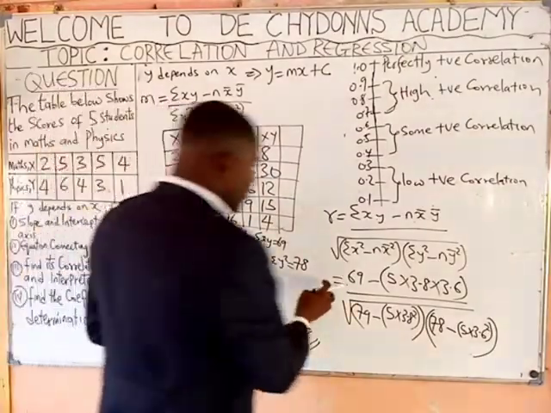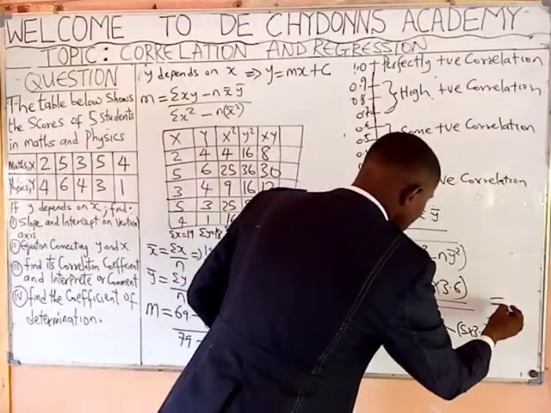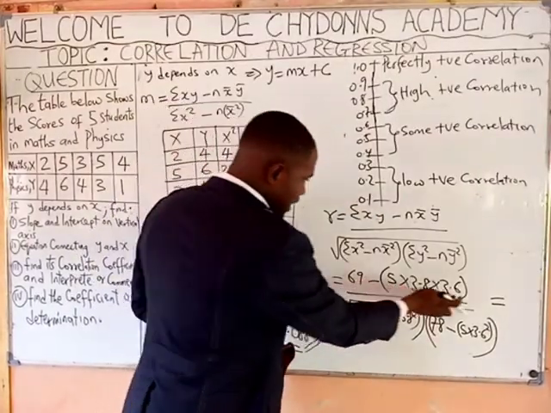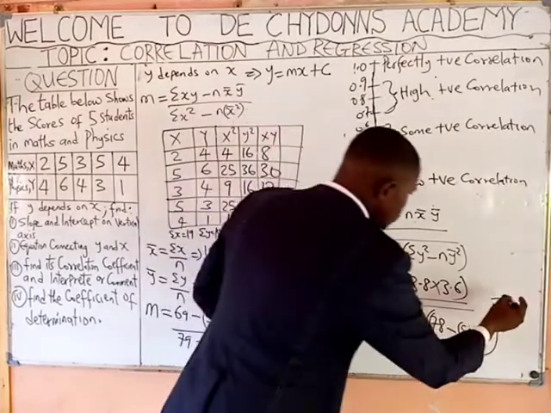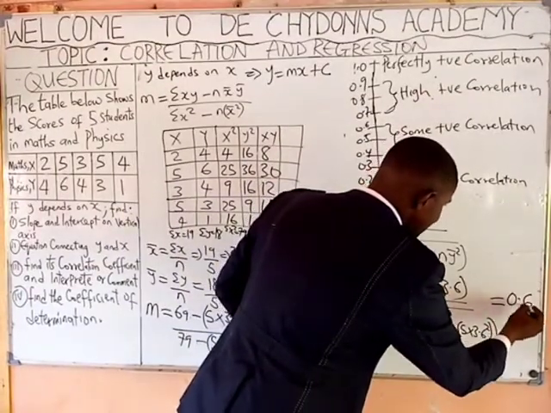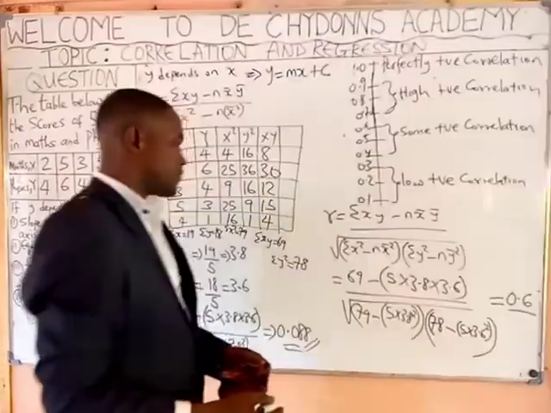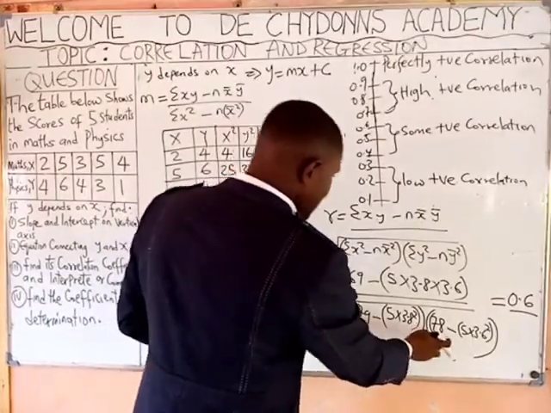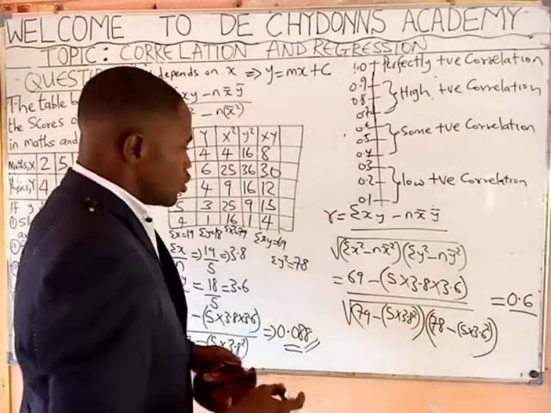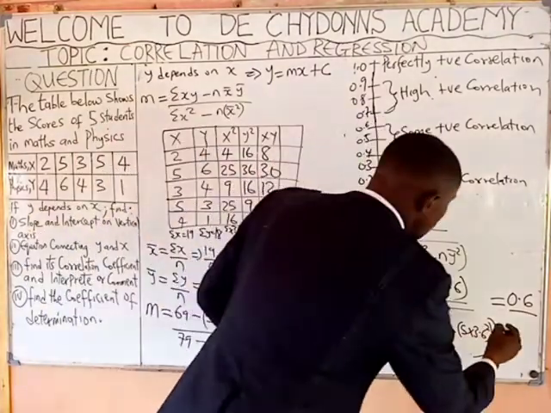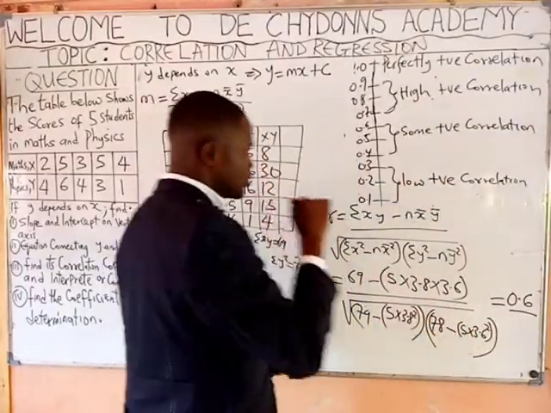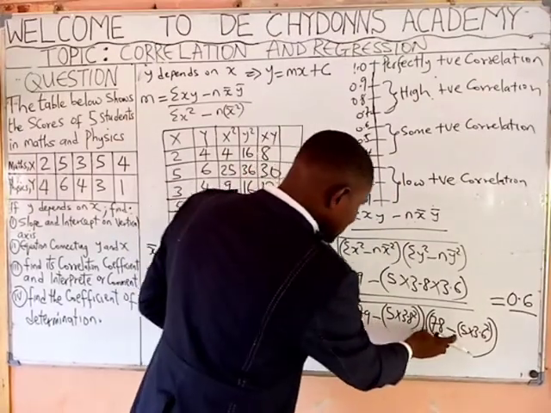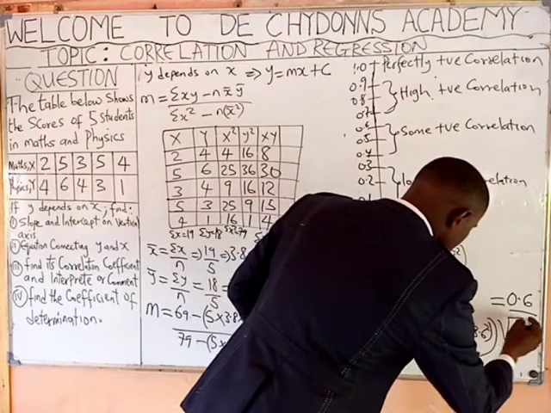So when you compute the numerator with a good calculator, when you say this times this minus it from 69, you will be getting 0.6 all over. Then when you compute this and this, you will be getting square root of this times this with a good calculator.